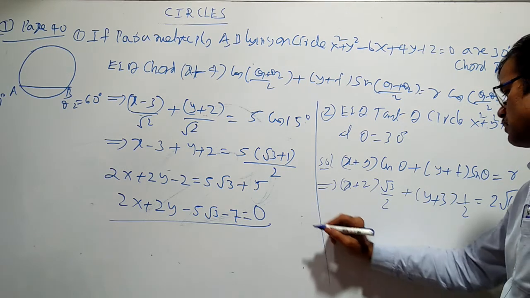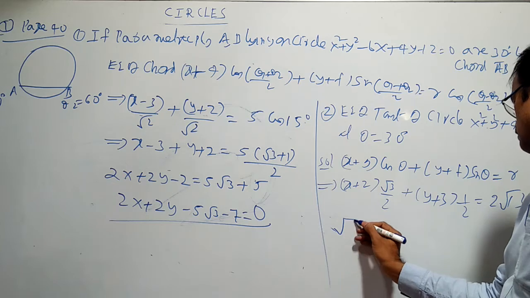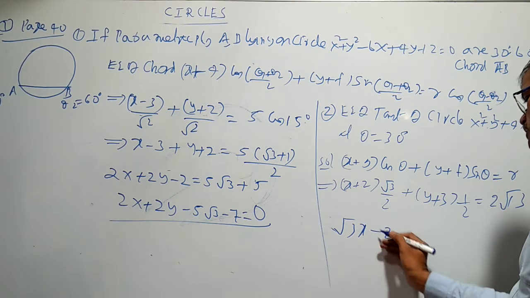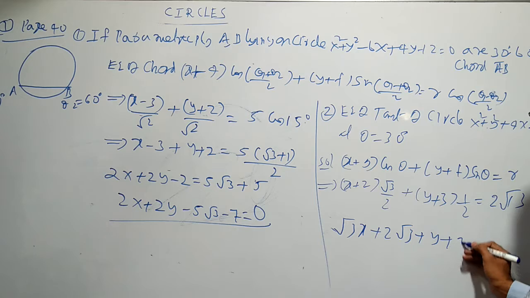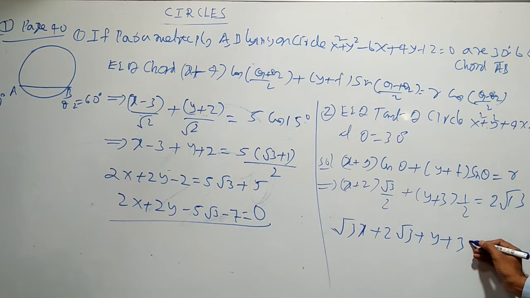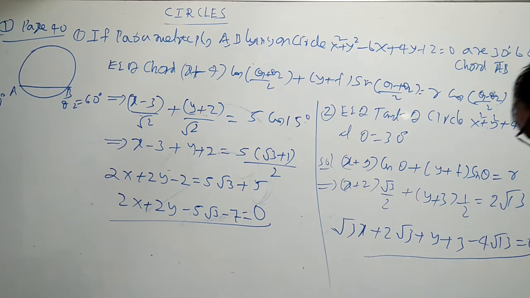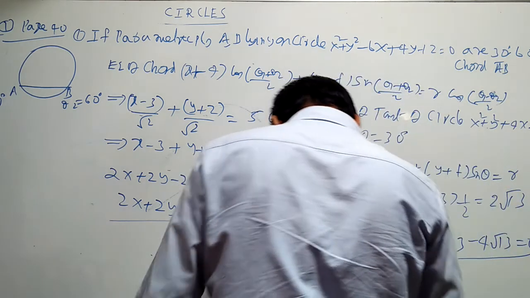So multiplying like this: root 3 x plus 2 root 3 plus y plus 3 equals 4 root 13. That's all. This is the equation of the tangent.